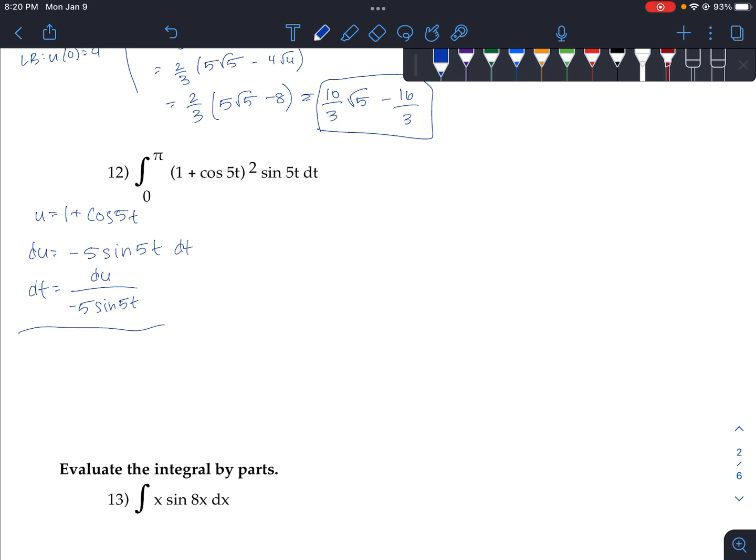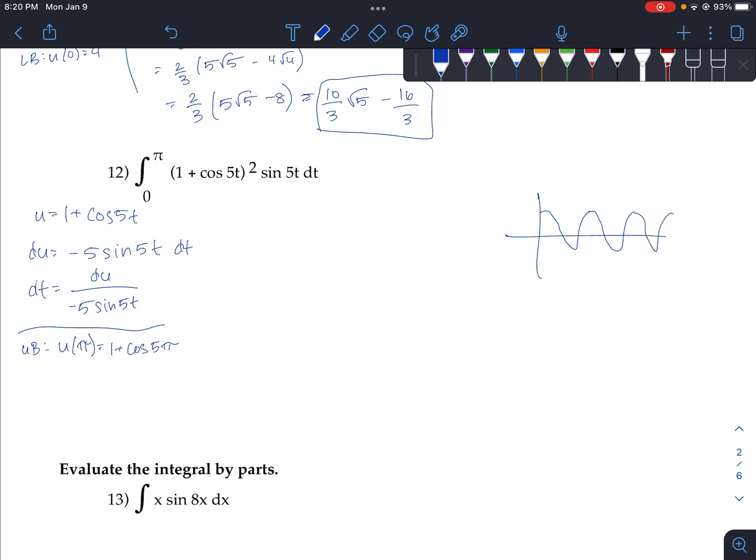Okay, upper bound would be equal to u of pi. Okay, so that means plugging pi in right here, so that would be 1 plus cosine of 5 pi. Really quickly, if you think about the graph of cosine, that's going to be 2 pi right there. That's going to be 4 pi.